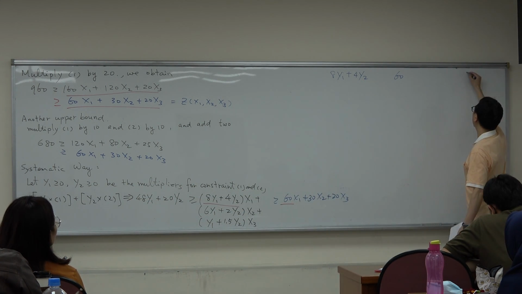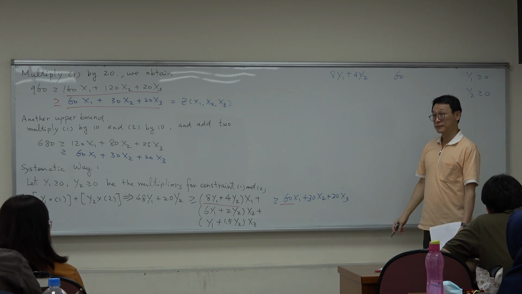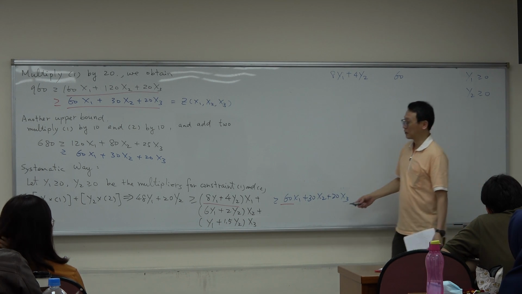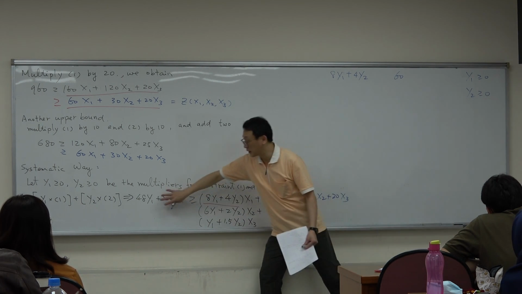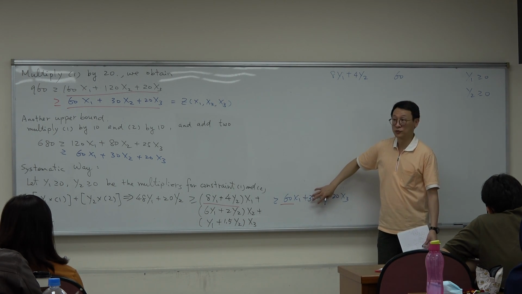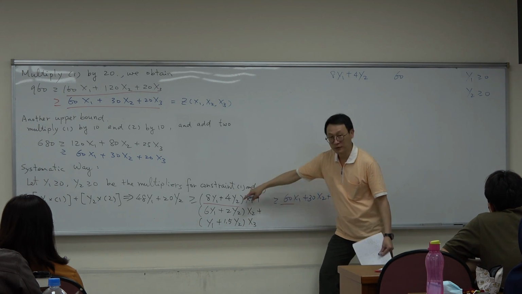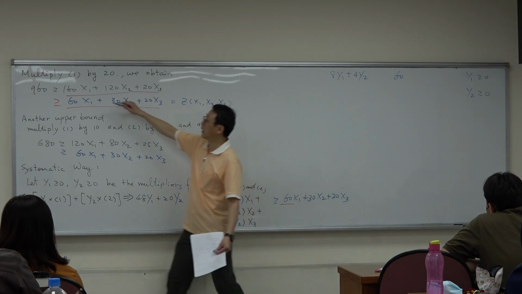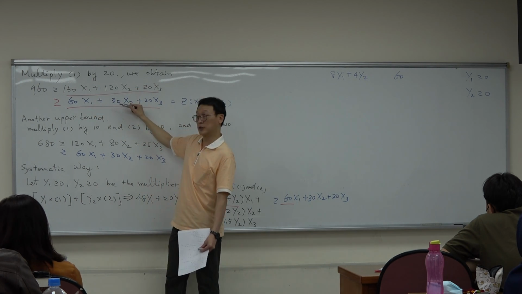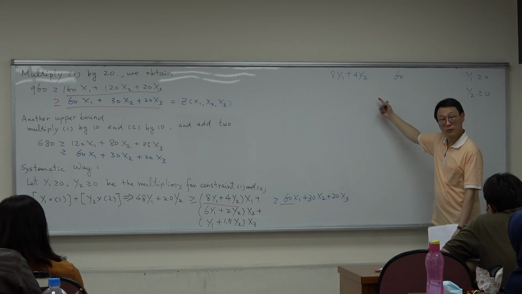But we want to do a comparison. We want to find the upper bound, and this upper bound should be greater than or equal to this one. So I have to compare these two. Just like here, 160 should be greater than or equal to 60, and 120 should be greater than 30.